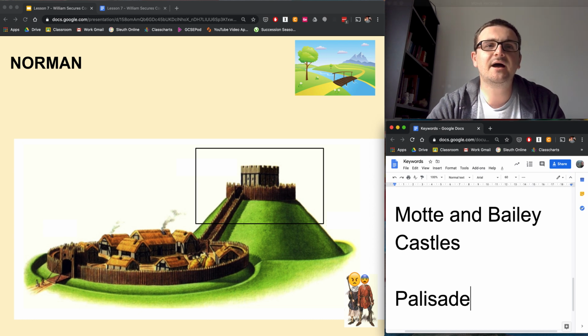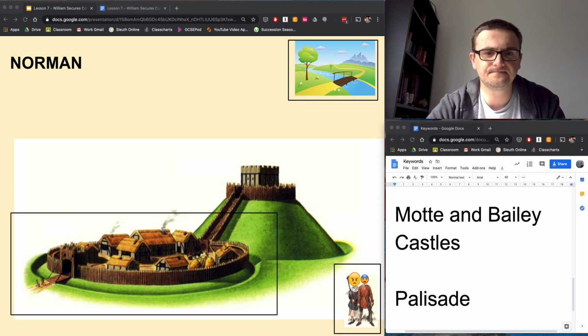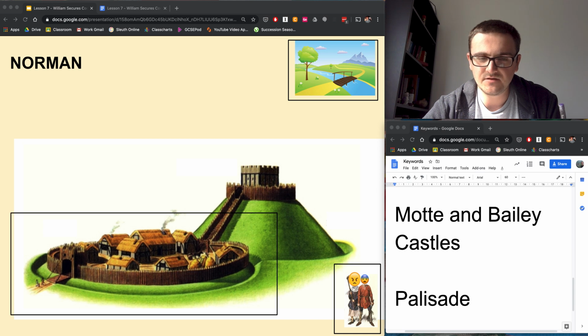Now, the bottom part of this structure is obviously known as the bailey. The bailey was the outer part of the castle. It's where the buildings would be, things like stables and places for the Norman soldiers to live and sleep. It would also be surrounded by the palisade, and it would also be surrounded by a moat.